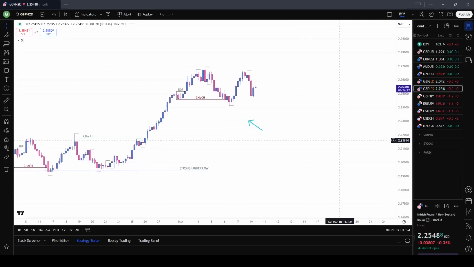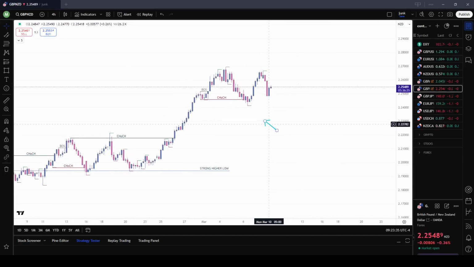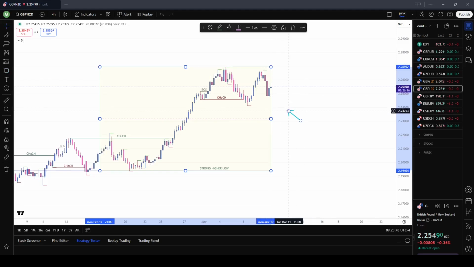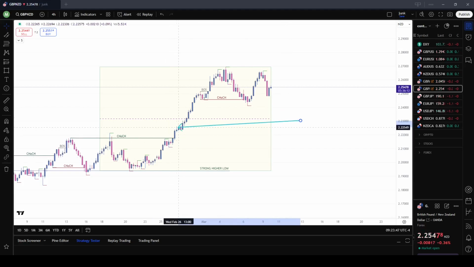GBP NZD. Let's go ahead and map out the current range. And this is also similar to GBP AUD. It kept impulsing, ranging, but it never gave any pullback. Started to break character.